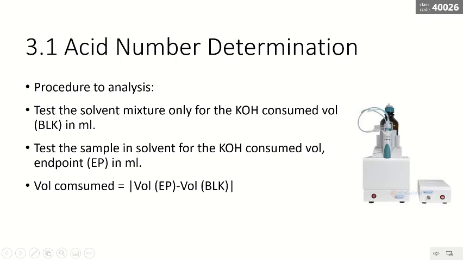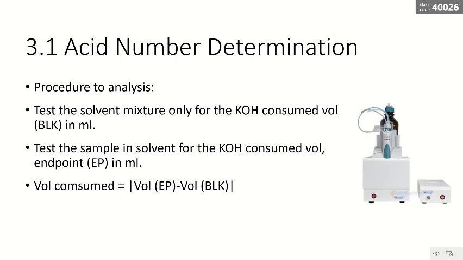And after the machine is done with the titration, it also has another reading. Basically, the reading after titrating the sample is the leftover of the KOH, the ending point. The starting point, or blank, or the ending point, whichever you want to call it.